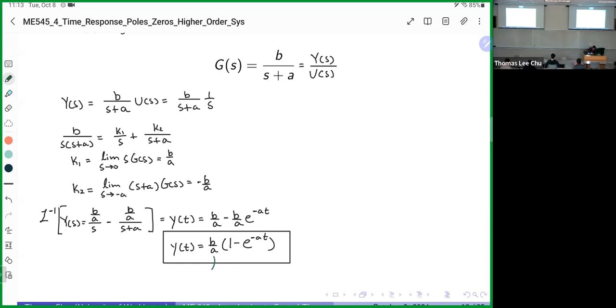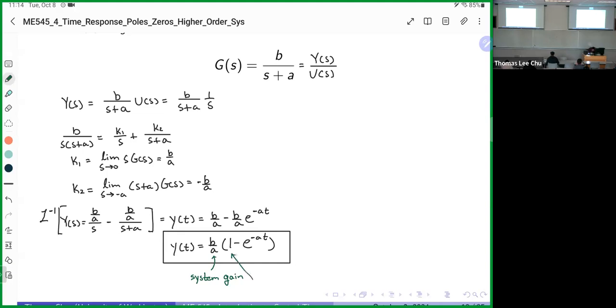The way I think about this is that B over A is my system gain. If I put in an input of 1 and my output is B over A, that's my gain, because gain is defined as the ratio of the output divided by the input.